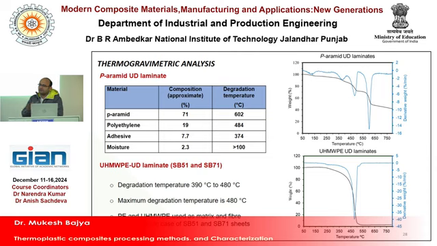Then you can confirm from the TGA, thermogravimetric analysis, how much resin or how much fiber reinforcement material is in that particular region. From TGA those kinds of things you can also confirm.